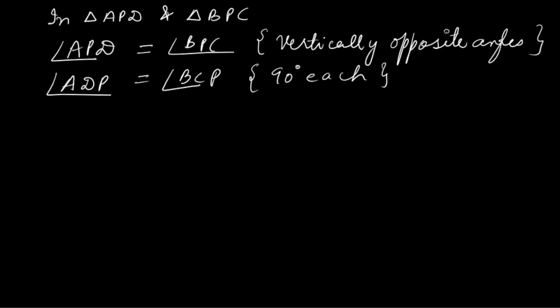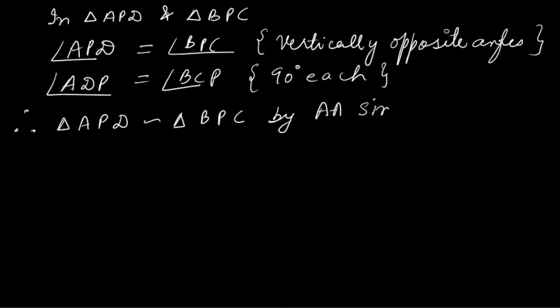So by two things we can prove the similarity. Therefore, triangle APD is similar to triangle BPC by angle similarity rule, or similarity postulate, you can write.